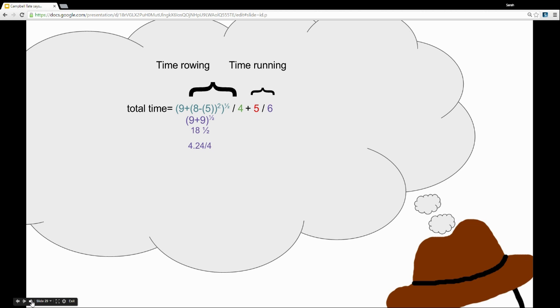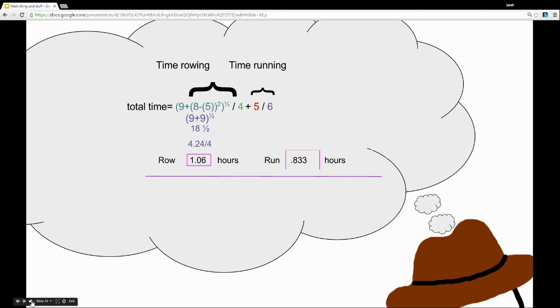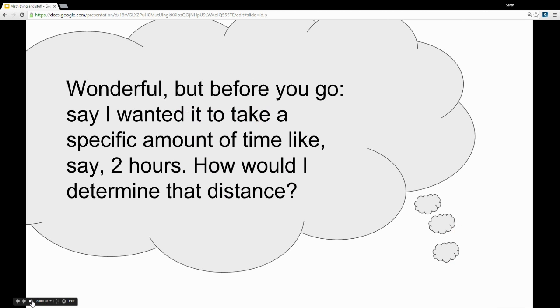Then you would divide by 4 from the upper part, which gets you 1.06. And then you would have 5 divided by 6. So you're going to want to row 1.06 hours and run 0.833 hours. If you add those together, you get 1.893 hours as the total time.